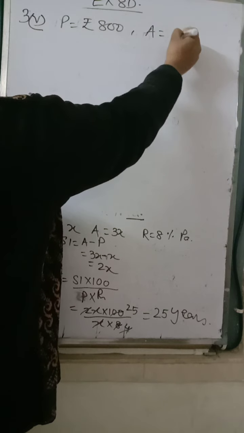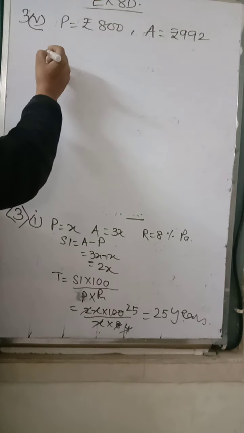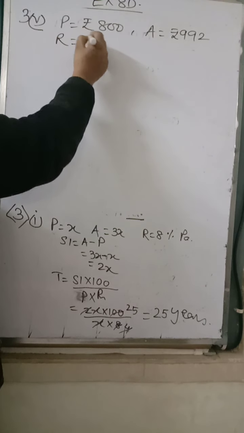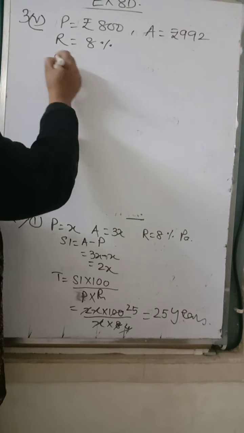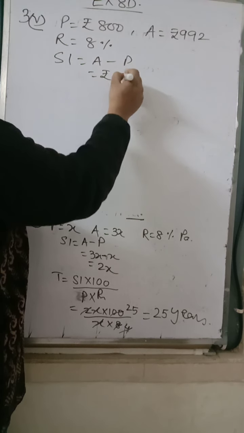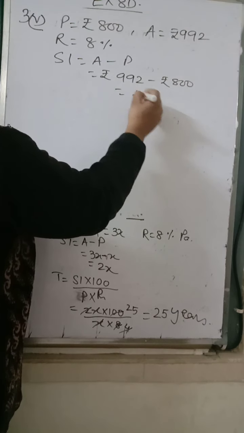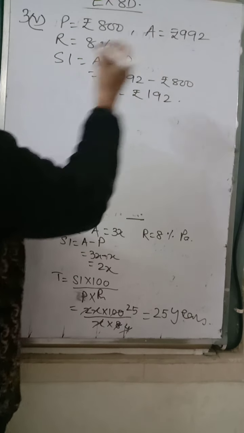Amount rupees 992. Rate of interest is 8%. So SI is equal to A minus P, rupees 992 minus rupees 800, or rupees 192.